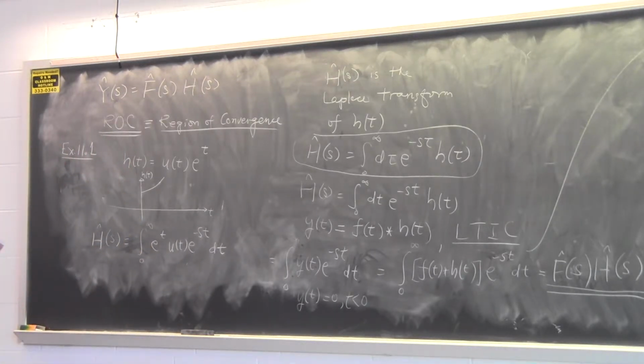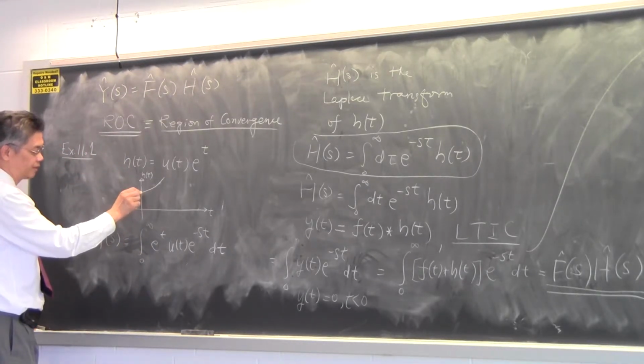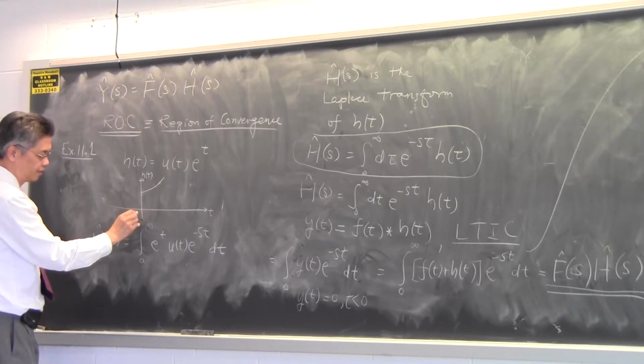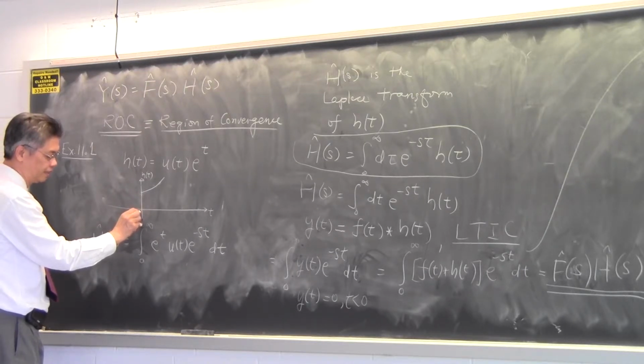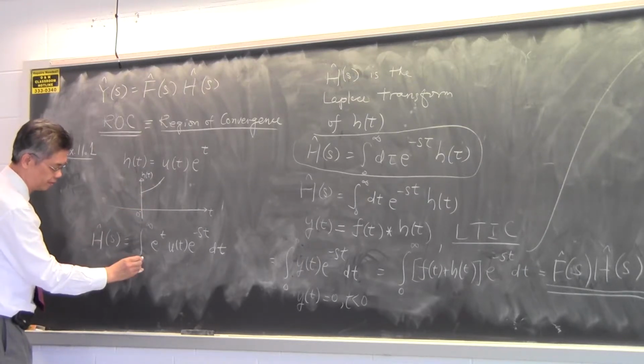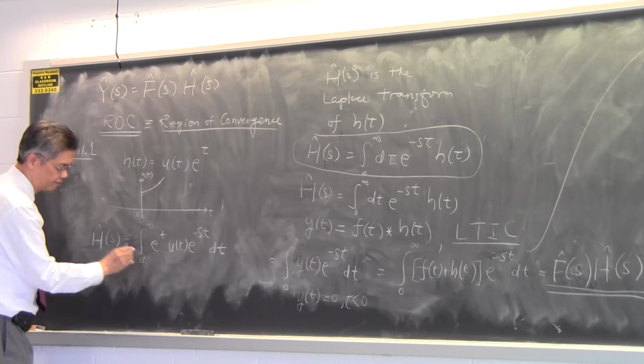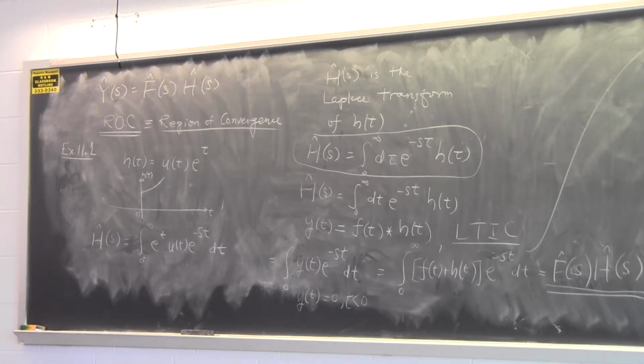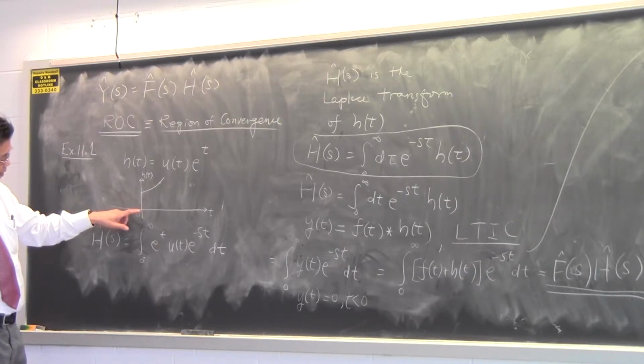And in order not to miss this little piece here, it's generally preferable to define the integral from 0 minus. Most textbooks will define the lower limit of integration to be 0 minus, so as to make sure that you are unambiguously integrating from this point onward.